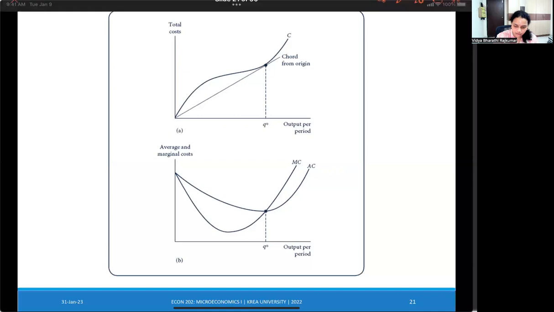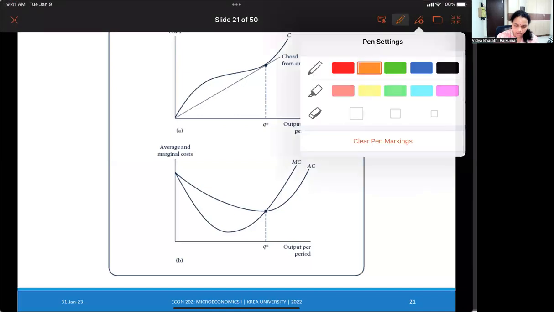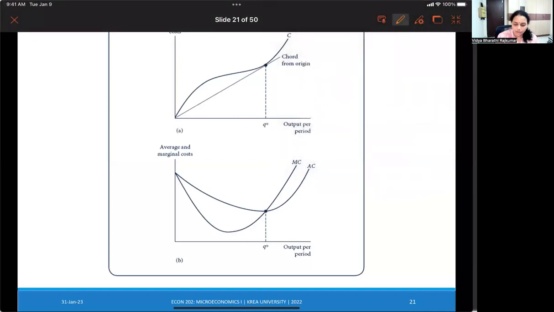Okay, so first I'll draw the marginal cost function. Marginal cost is just the slope of my cost function at every single point, right? Initially, these tangents that I draw on my cost function show that my cost function is increasing at a decreasing rate. So the slopes are becoming flatter and flatter up to a certain point where the tangent becomes parallel to the x-axis.